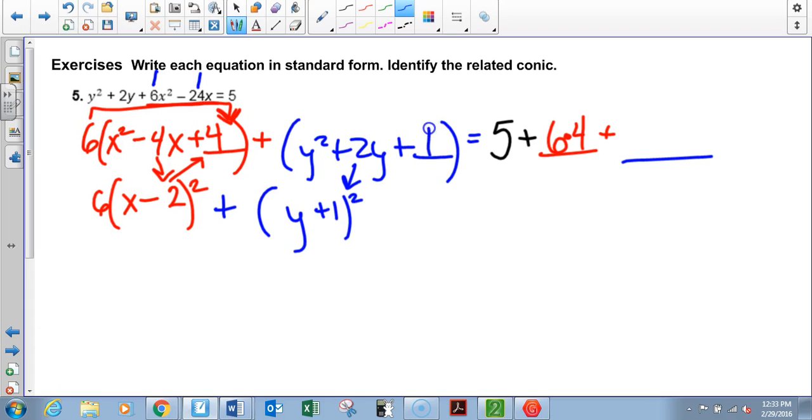Not 2. It's 1. There was no coefficient other than 1, so we're just adding a 1 over here. Okay, 6 times 4 is 24 plus 5 plus 1 is 30. Oh, that's weird. Is it a circle?